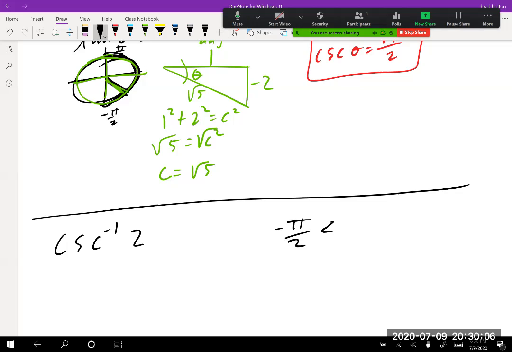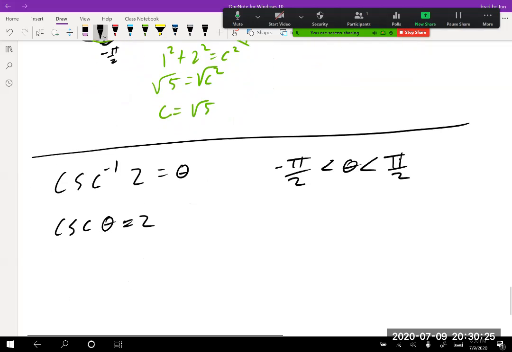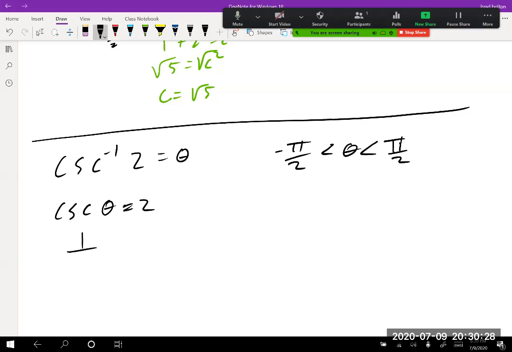Remember that cosecant inverse of 2 equals theta, so cosecant of theta is equal to 2, okay? But remember cosecant is really 1 over sine theta equals 2. So what if I flip both sides? I'm really saying that sine of theta is equal to 1 over 2, okay?